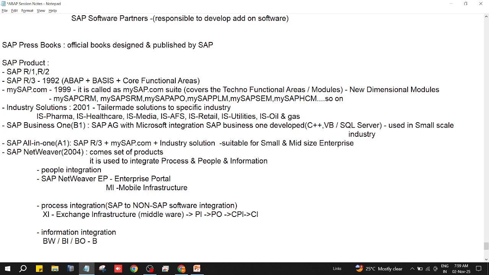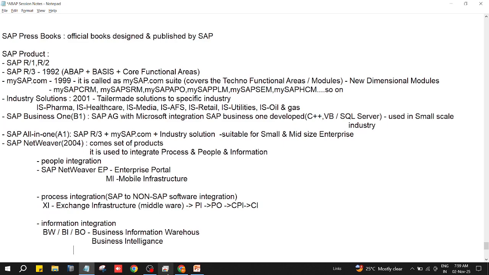That is business information warehouse, BIW, or we call it business intelligence. Next, business objects is a front end tool.